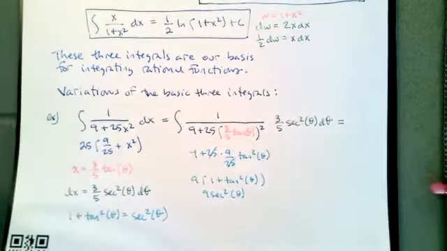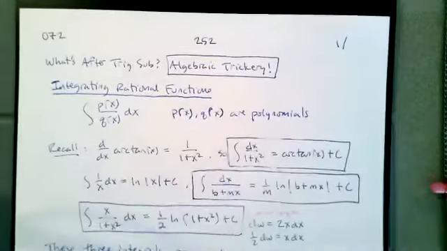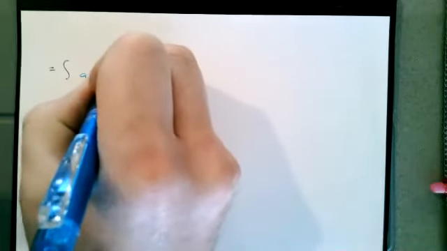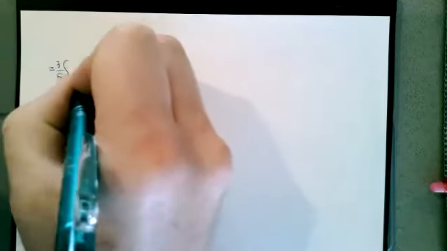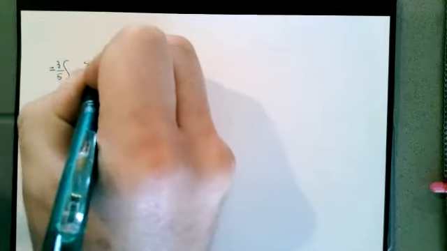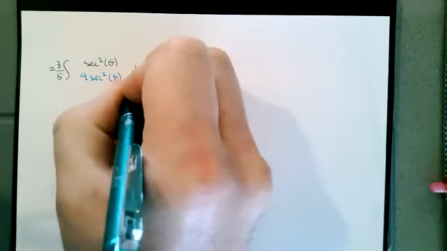So our simplified integral, I'm going to write all the details on the next page. In the denominator, we ended up with a 9 secant squared theta. In the numerator, we had a 3/5 secant squared theta d theta.